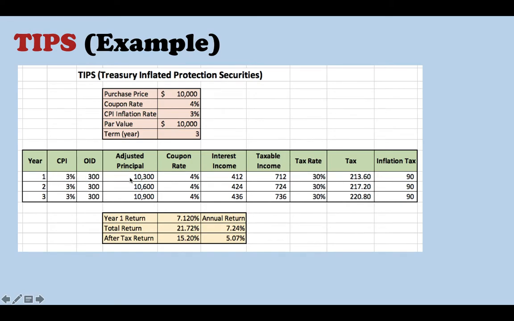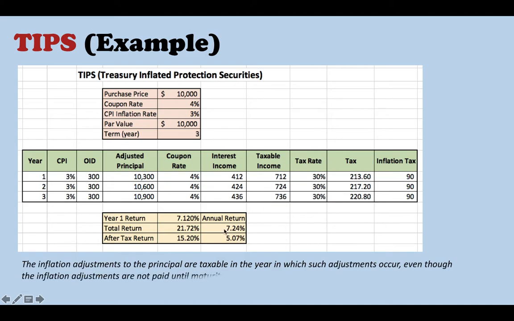So for year 1, your taxable income is equal to the inflation adjusted principal amount $300 plus the interest income $412, so that gives you $712. So this is your taxable income. Similarly in the second year, it is 300 plus 424, which gives you $724. This is your taxable income.